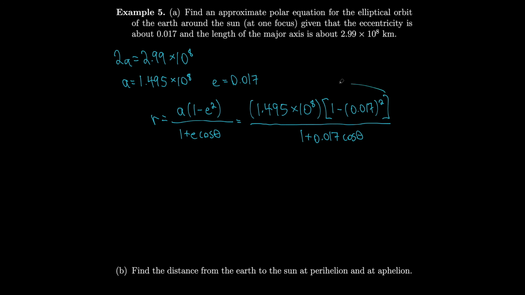And because this is really tiny, we can just approximate r by forgetting about that term altogether and just writing 1.49 times 10 to the 8th over (1 plus 0.017 cosine theta). So that's an approximate polar equation for the elliptical orbit of the Earth around the Sun.